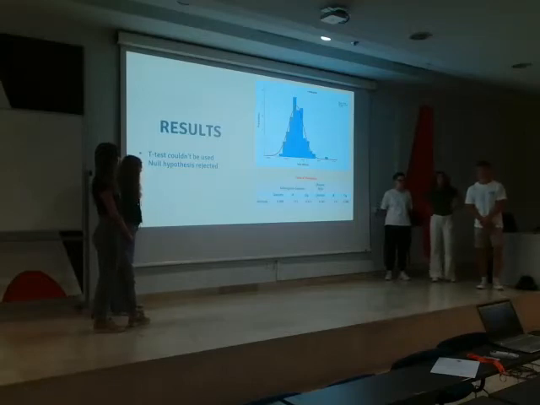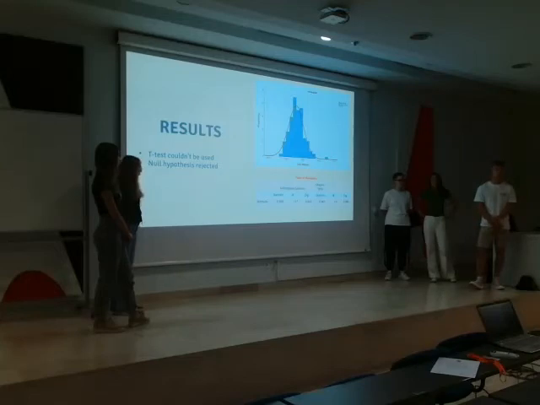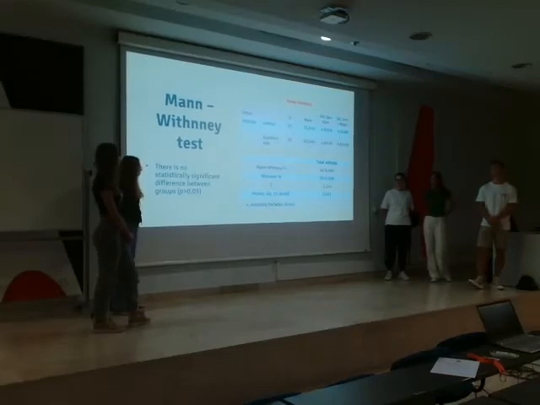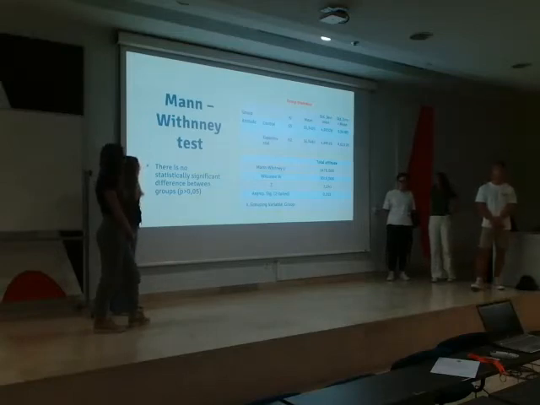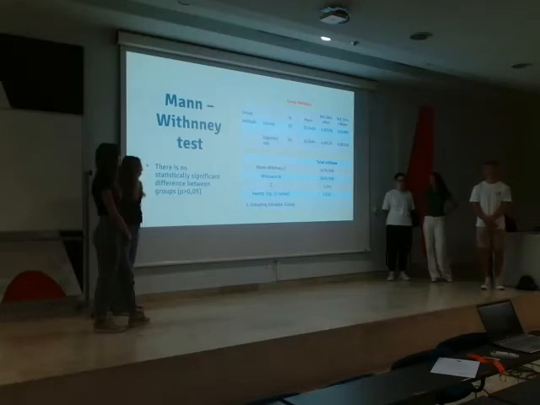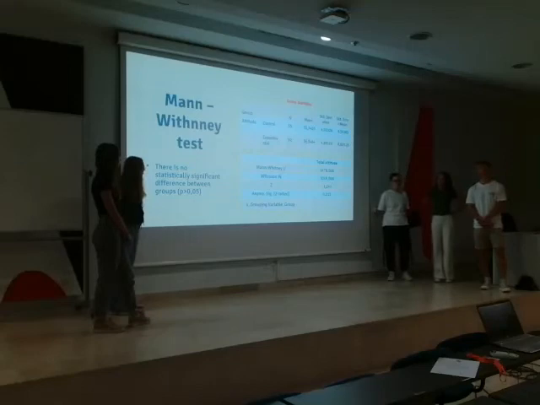With the distribution not being normal, we couldn't do the t-test as we planned. Because of that, we did the Mann-Whitney test, which showed that significance was 0.215, higher than 0.05, which means there is no statistically significant difference between the groups.